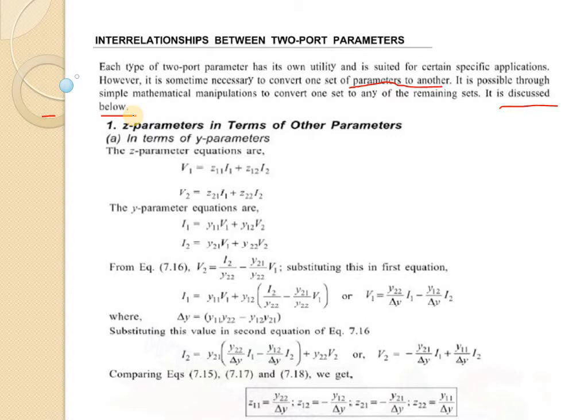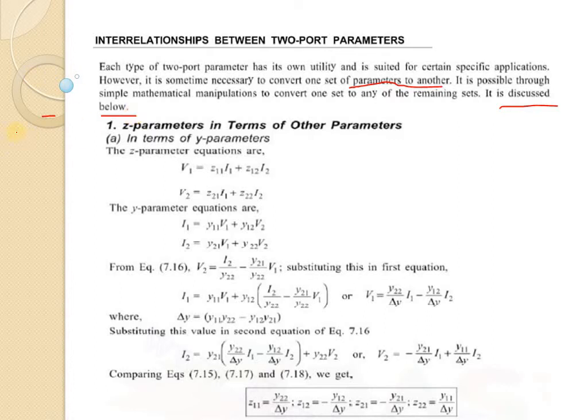So here we will mainly highlight Z parameters in terms of other parameters. And I will tell you to do your own hand calculations for other parameters in a similar way, and match them with the actual results.